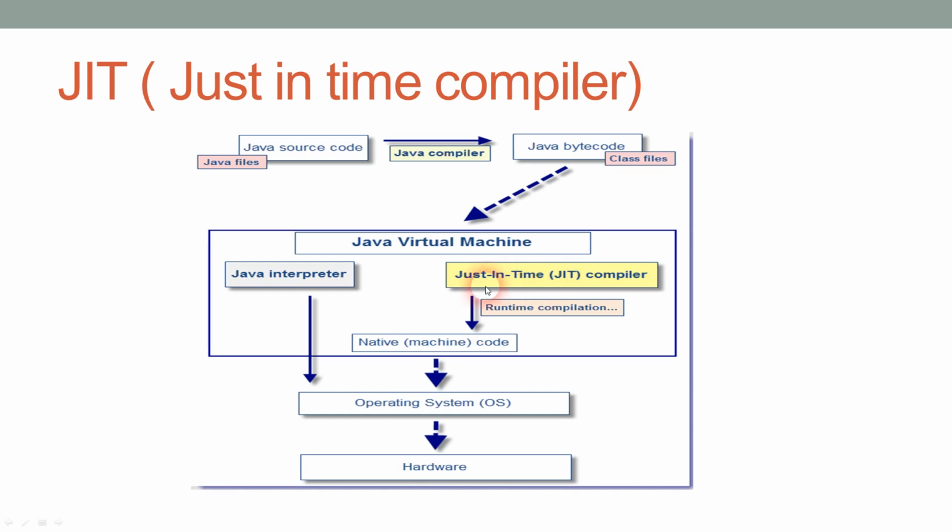So we have the Java just-in-time compiler. What does this do? It analyzes the whole code, and it finds the parts of the code that are repeated over and over again. There are some class files that are needed over and over again. So what the JIT does is convert those specific class files into native machine code.